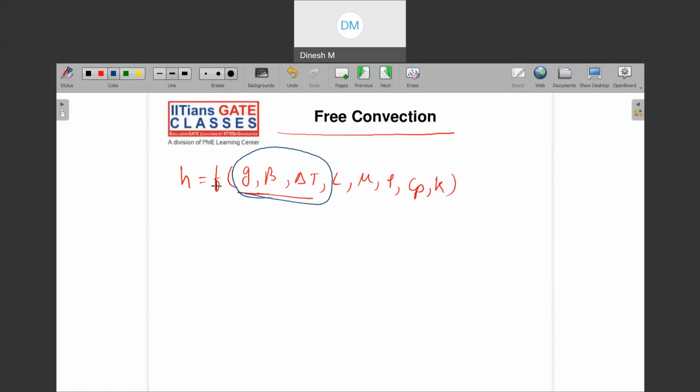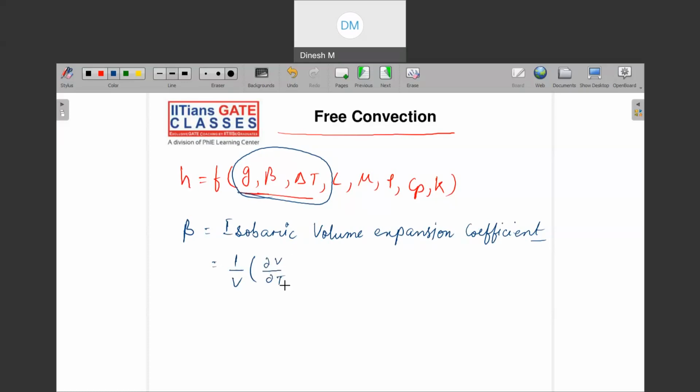So what is beta? Beta tells you how much volume can expand. It is the isobaric volume expansion coefficient, denoted by 1 upon V into delta V upon delta T at constant pressure, because this is the isobaric expansion coefficient.